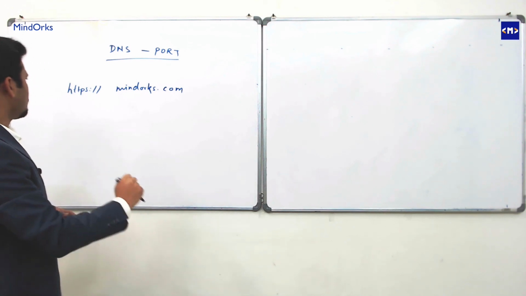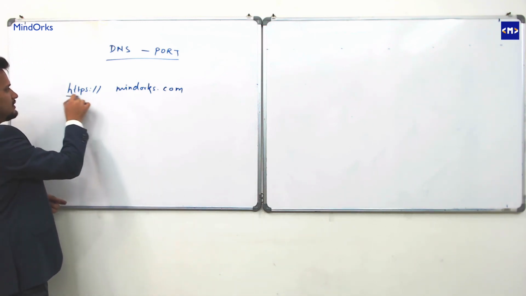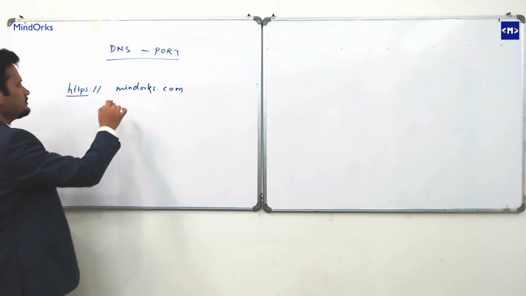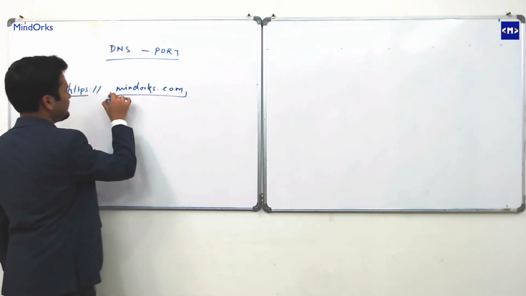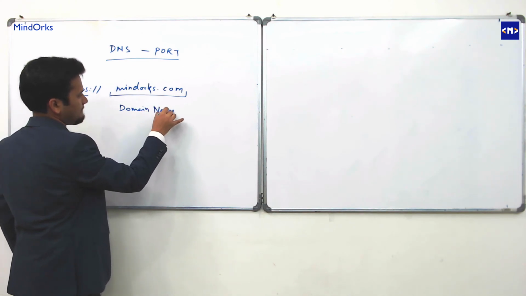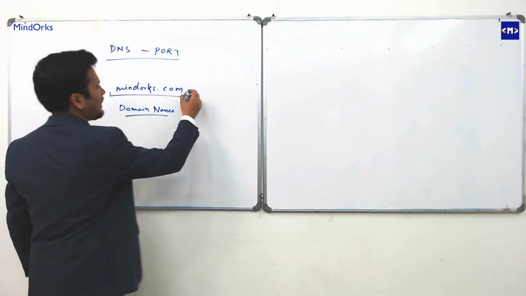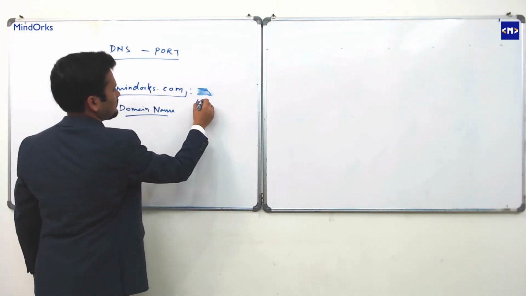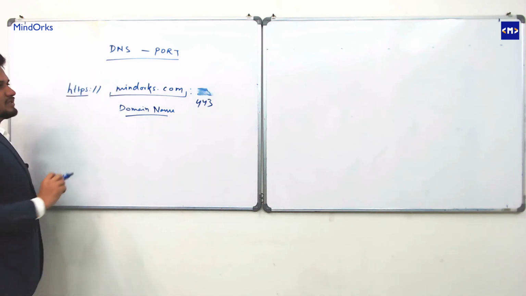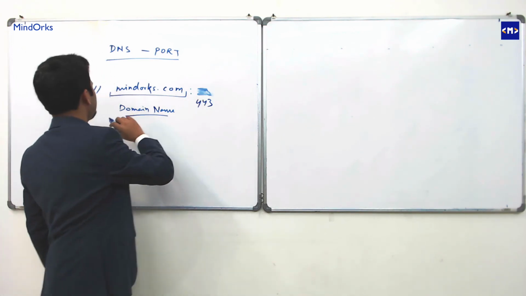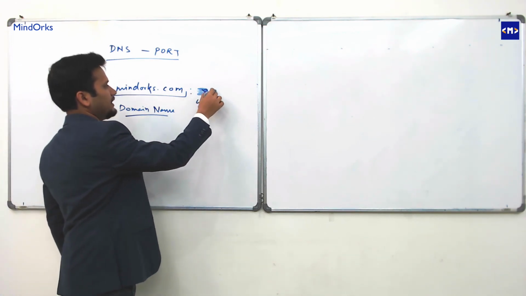So there are certain things here. This is the protocol through which you need to communicate. This is your domain name. And for HTTPS by default it is port 443, and if it is HTTP it will be port 80.